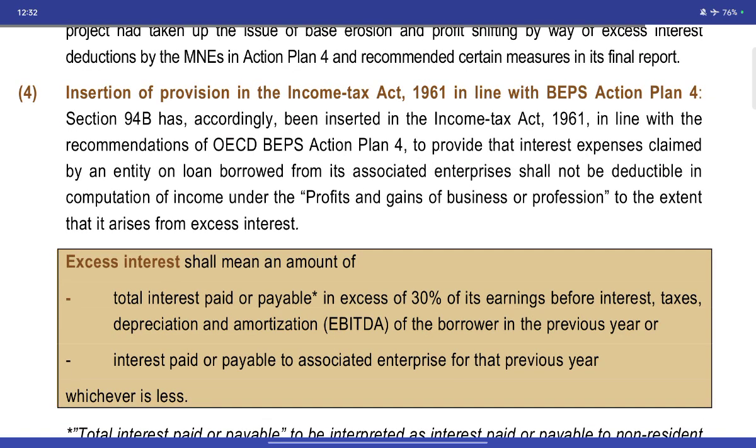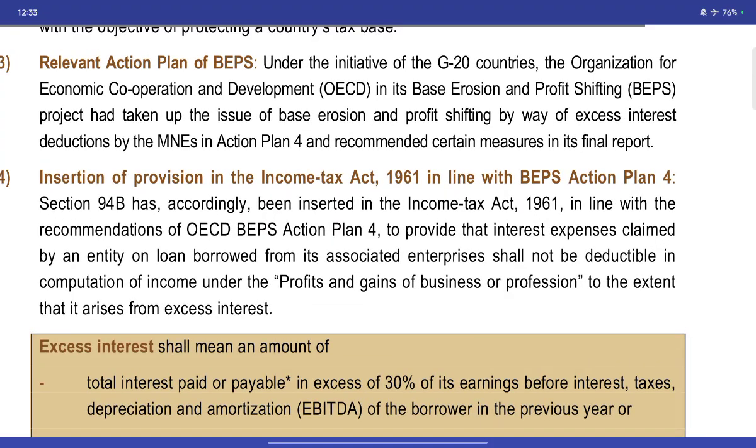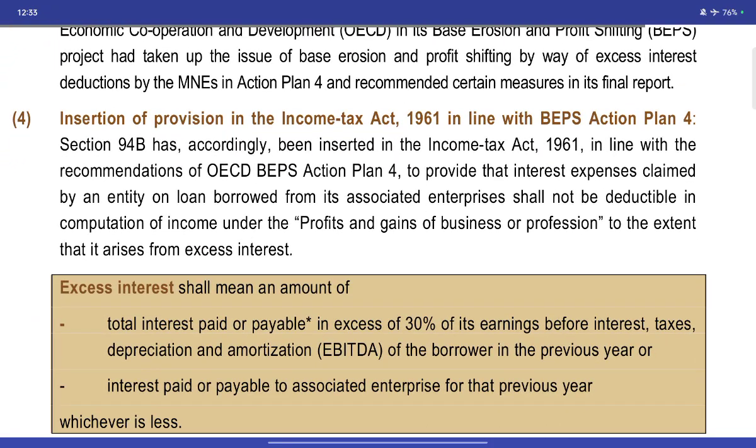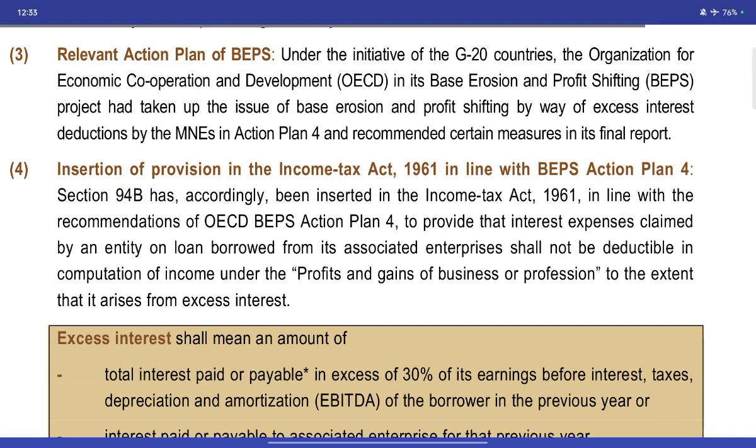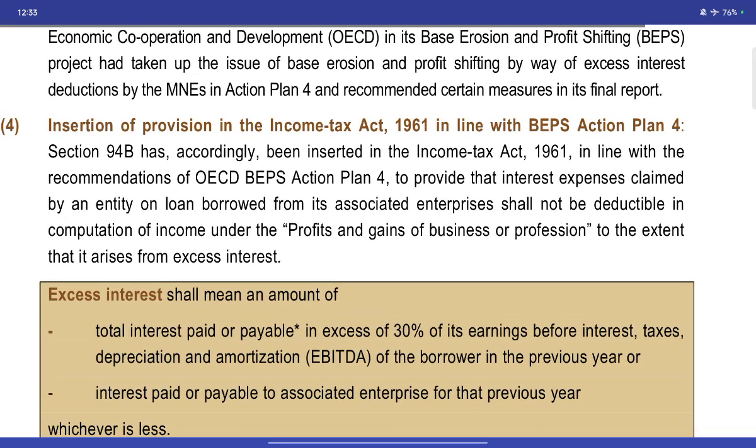Insertion of certain provisions in the Income Tax Act 1961 in line with BEPS action plan 4. Section 94B has accordingly been inserted in the Income Tax Act 1961 in line with the recommendation of the OECD, that is the Organization for Economic Cooperation and Development, and the BEPS plan.